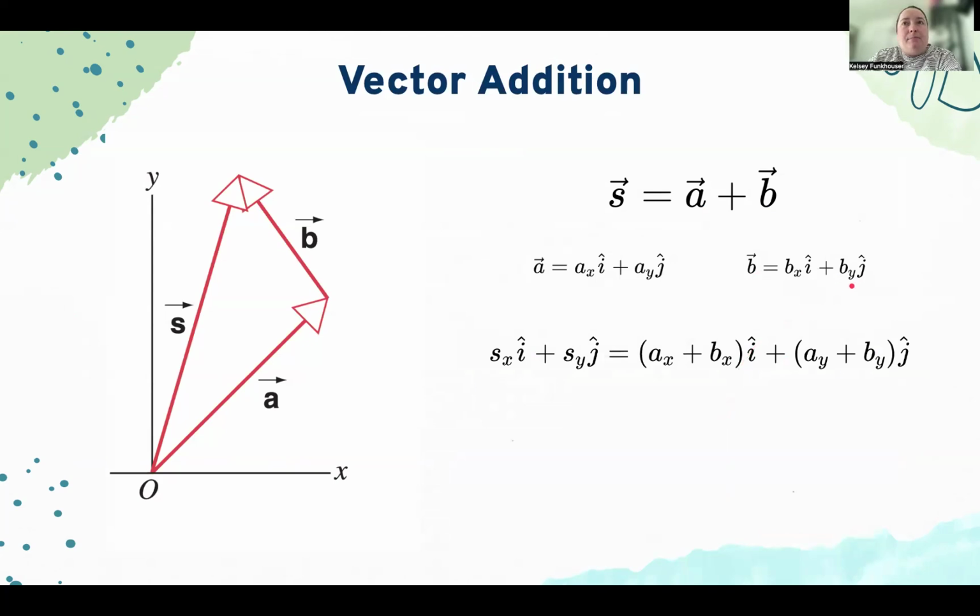So if A is given by these x and y components, and B is given by these x and y components, then S is also given by these x and y components, which are the x component of A plus the x component of B times i hat, and the y component of A plus the y component of B times j hat. So sometimes you are just given numbers, and it's easier to do it this way.